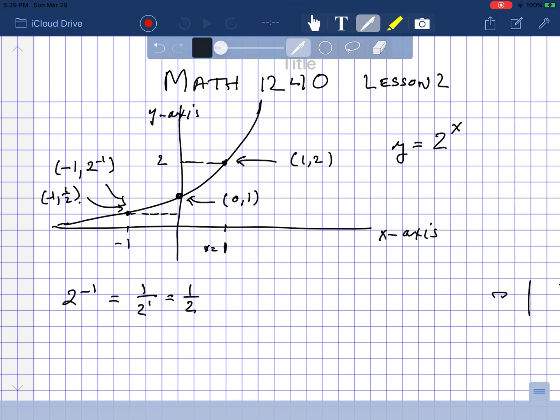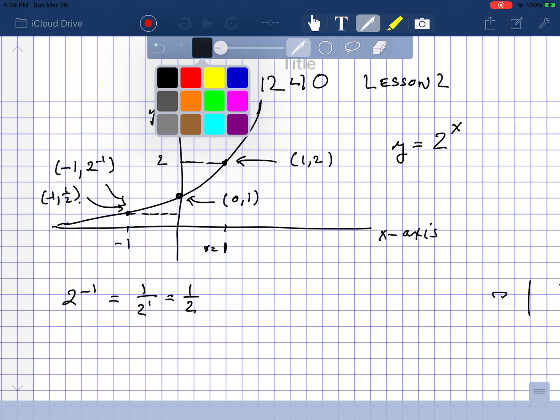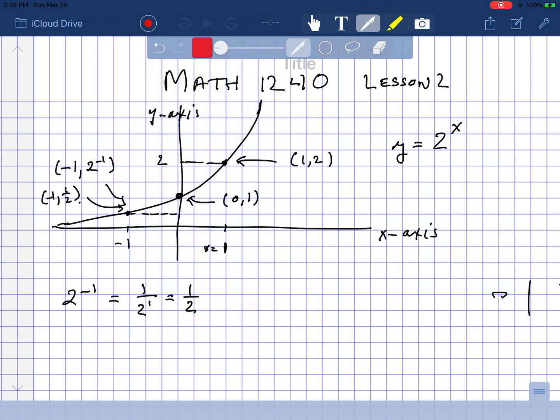Now, what we want to do is the following. I'm going to change the color here of my pen. I want to look at the equation y is equal to 3 to the x power, all right? So we would suspect that the graph of y equal 3 to the x power is going to look a lot like y equal 2 to the x power.